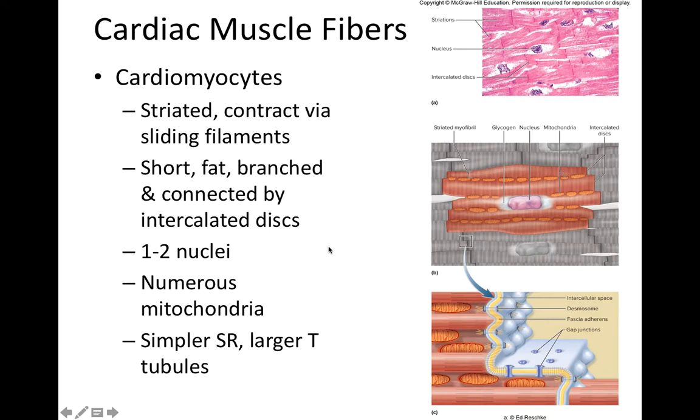We do have a sarcoplasmic reticulum, but it is a little bit less involved. It doesn't have the terminal cisterna, and we tend to see larger T tubules here. So structurally, the major similarity is the striations and the fact that it contracts via sliding filament theory. Everything else is pretty much different.